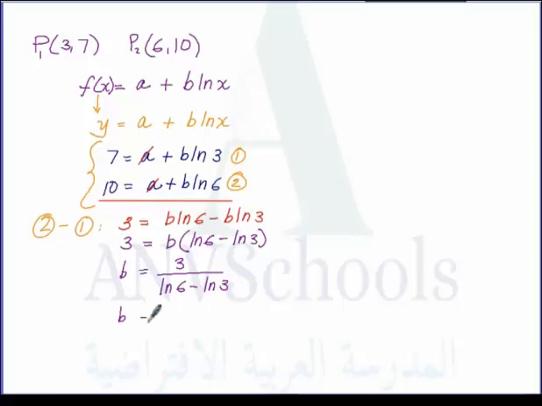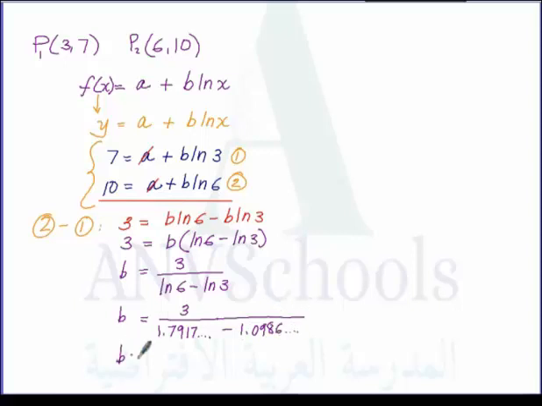Using a scientific calculator, we have 3 divided by, what is ln of 6? Ln of 6 is 1.7917, minus ln of 3, which is 1.0986.